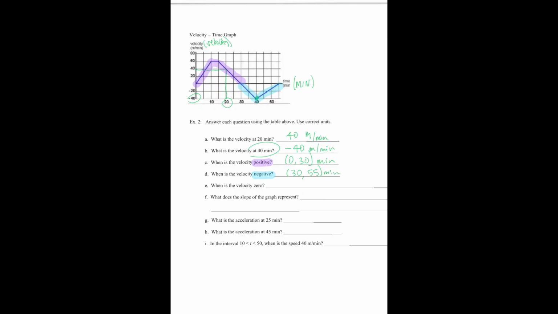All right, next we have the velocity being 0 here, here, and here. So to answer this, I'm going to be putting 0 minutes, 30 minutes, and 55 minutes.